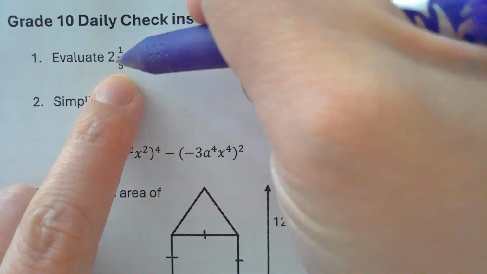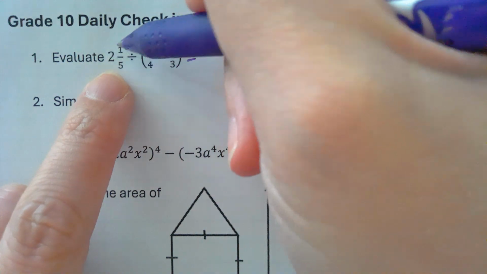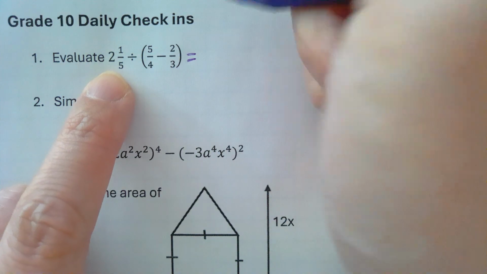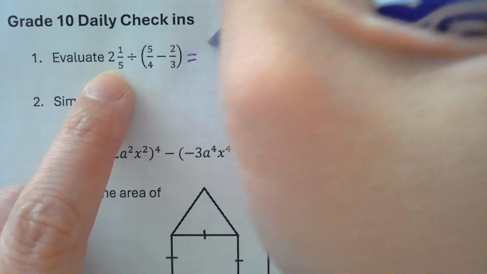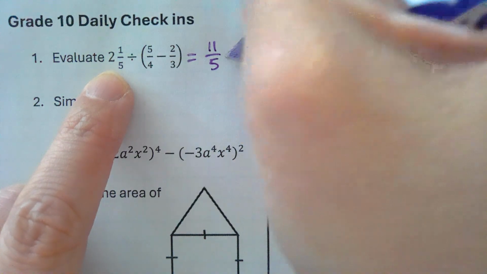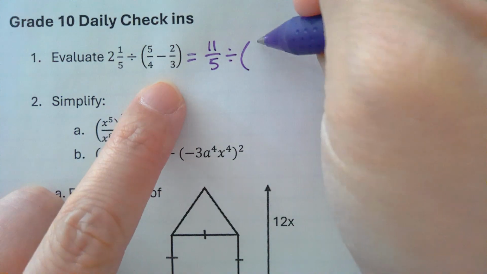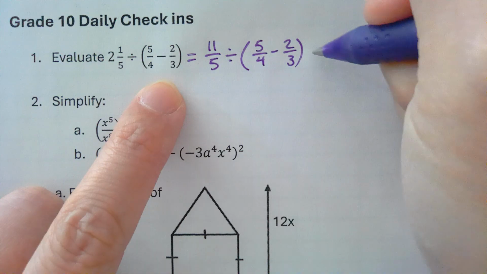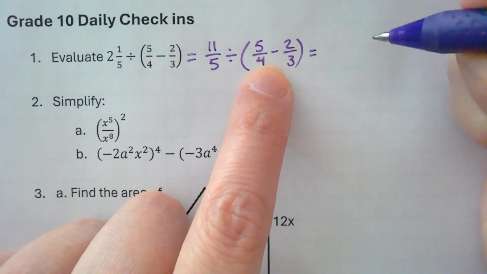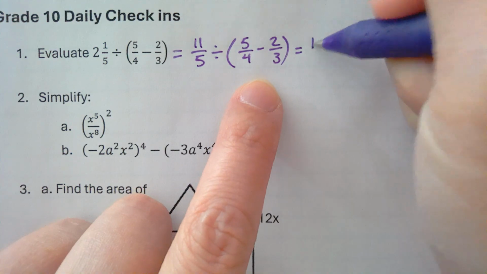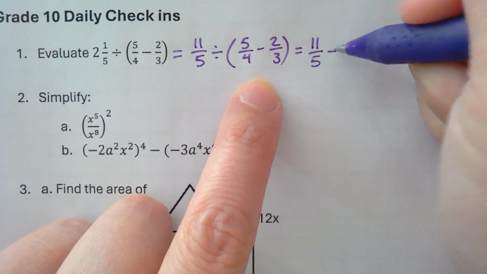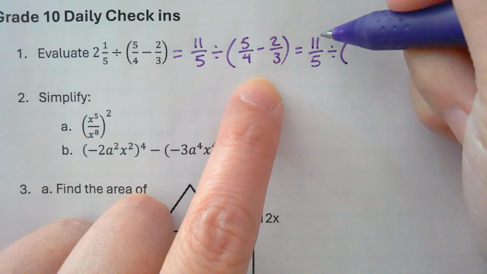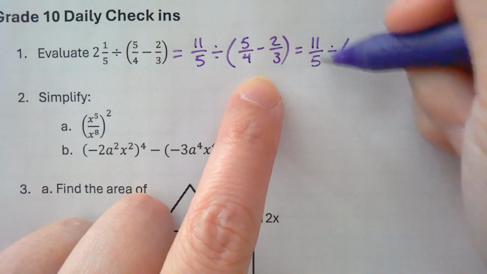So first off, I need to change all of these to improper fractions. So 5 times 2 is 10, 10 plus 1, 11. So 11 over 5 divided by 5 over 4 minus 2/3. I am subtracting right here, so that means I need a lowest common denominator. I haven't done anything with the 11 over 5, so I'm just keeping it there.